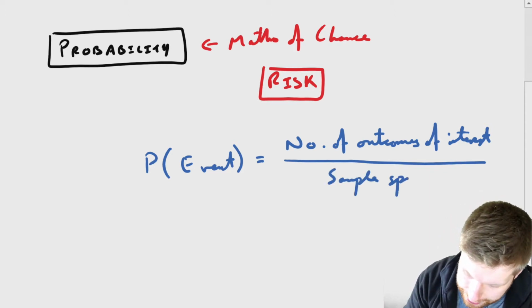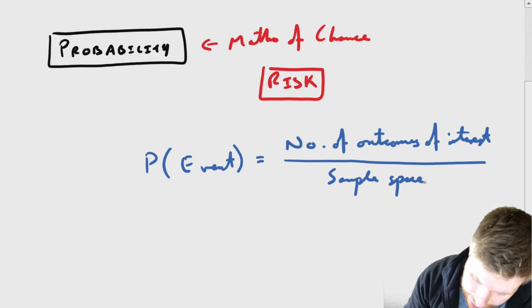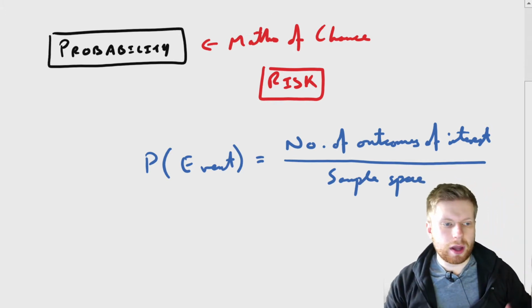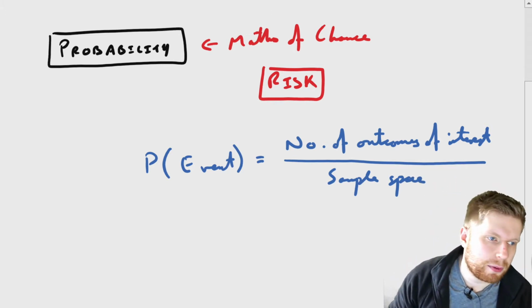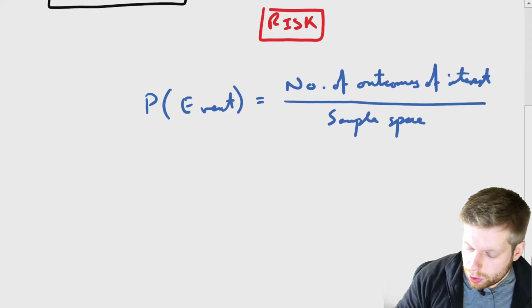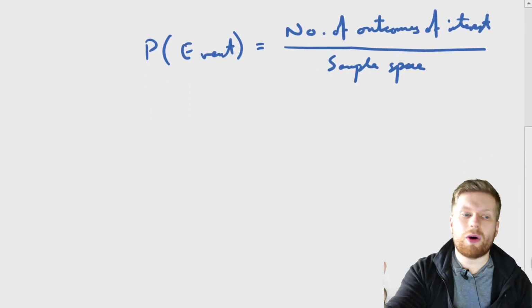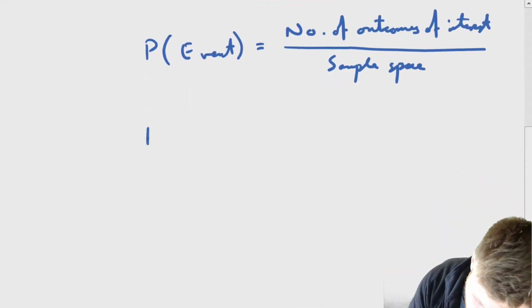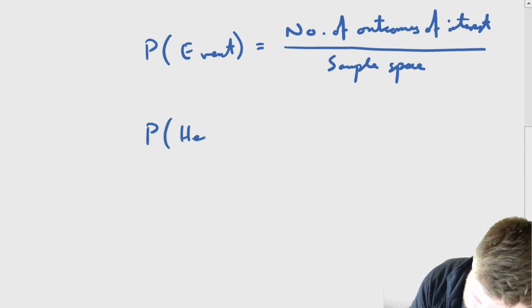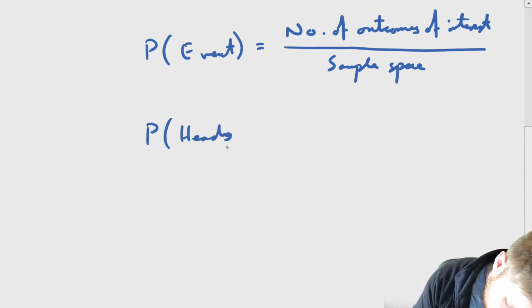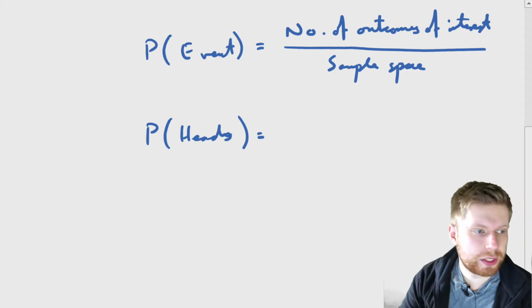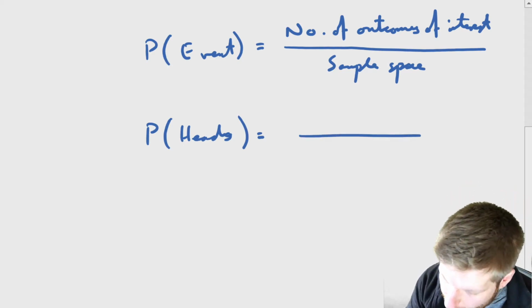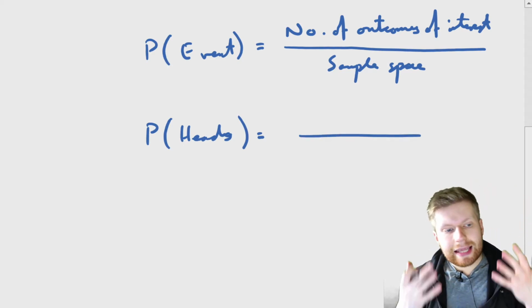So the sample space is every single possible outcome that can happen, the number of different possible outcomes that could happen. Okay. So for example, if you have a fair coin, and you want to work out the probability of getting a heads on this coin, assuming of course it's fair. Well, the number of outcomes we're interested in is the heads.